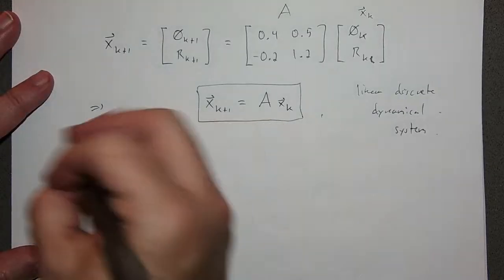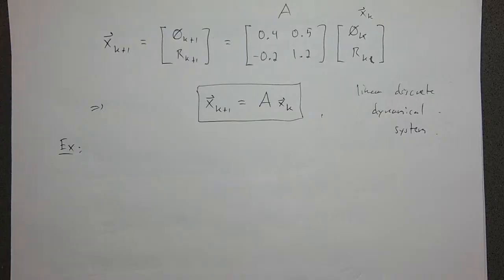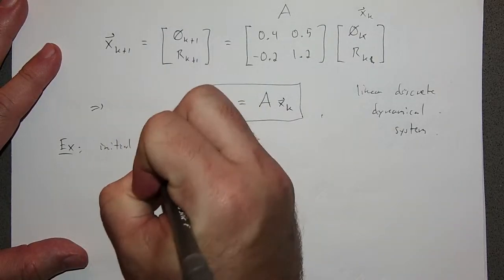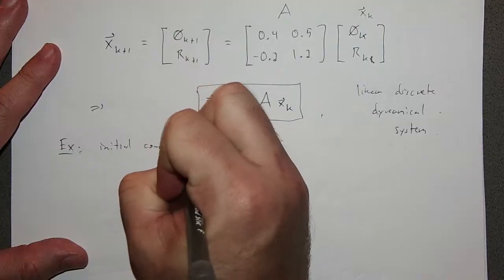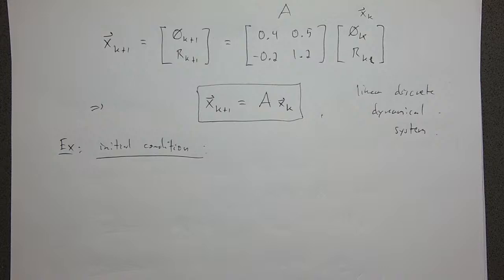Notice that just like in our previous case where this was a differential equation, we would like to have some initial vector, some initial condition that we're going to impose on this, which in our case would be an initial number of owls and rats.